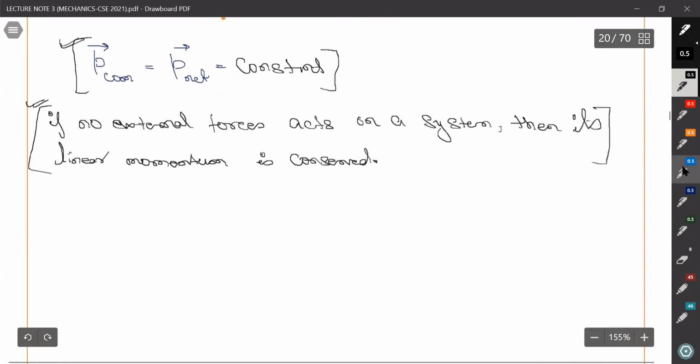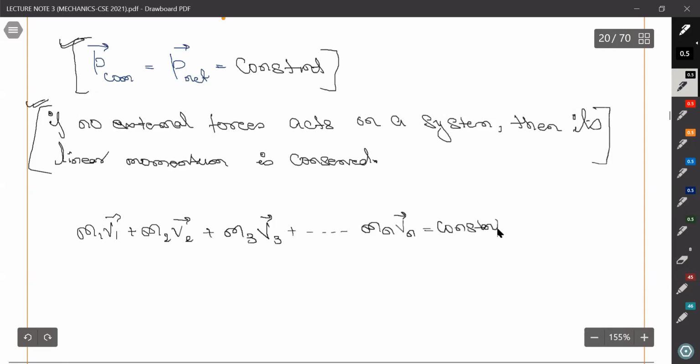And what is this? If you want to write, you can write it as m1 v1 plus m2 v2 plus m3 v3, and so on, up to mn vn, is constant.